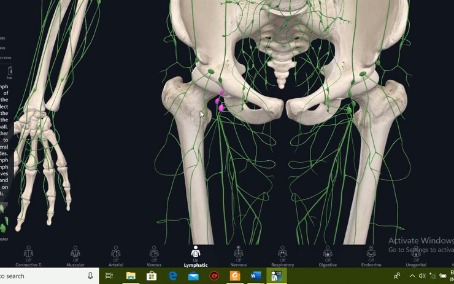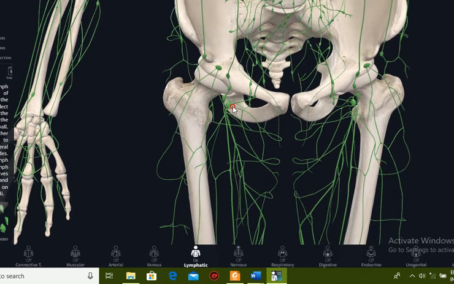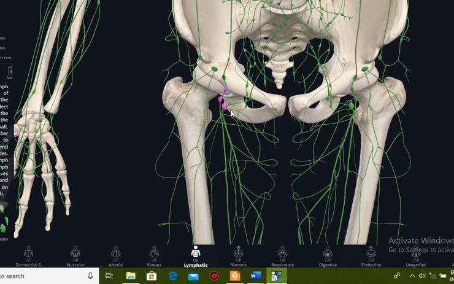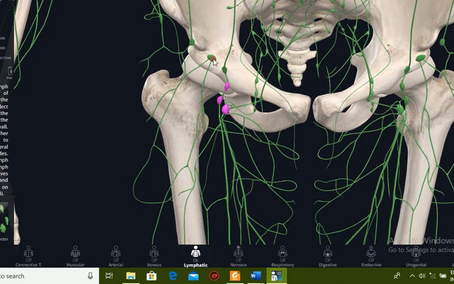Every lymphatic drainage which comes from the deep aspect of the thigh or of the lower limb enters the deep inguinal lymph nodes, while everything coming from the superficial aspect enters the superficial inguinal lymph nodes. So these are the superficial inguinal lymph nodes. This one here is the superolateral superficial inguinal lymph node.